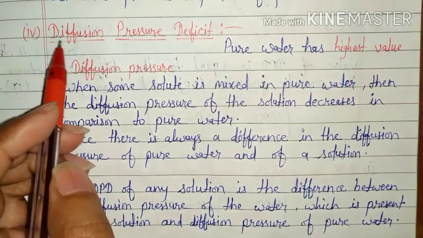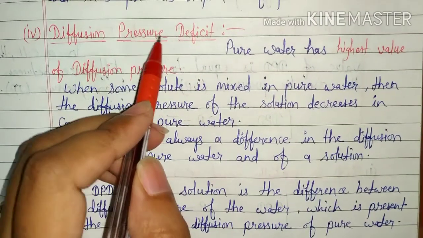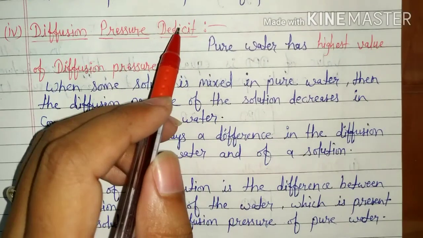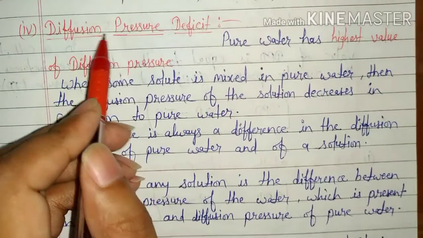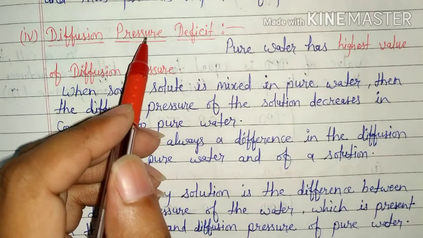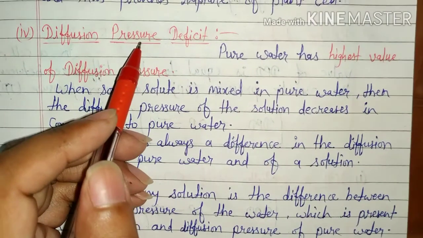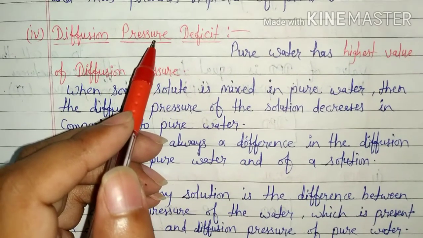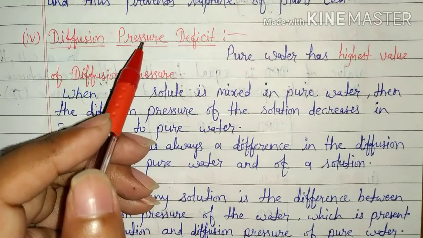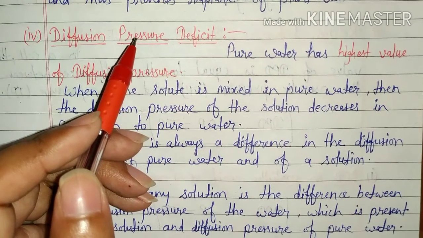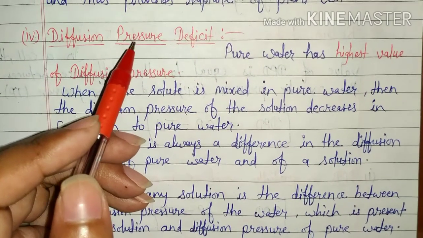Now, the fourth pressure is diffusion pressure deficit, DPD. It is also known as suction pressure or SP. What is DPD? The difference between the diffusion pressure of the solution and its pure solvent at a particular temperature is called DPD.